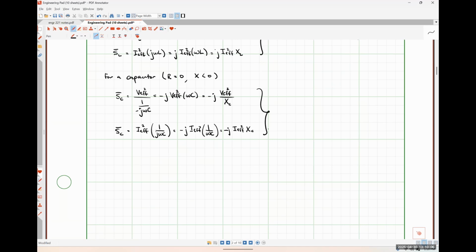And here we can see then that capacitors supply reactive power because our complex power in both of these cases is purely imaginary, and it's also always negative. So we've got negative absorbed reactive power, which is the same thing as positive supplied reactive power.